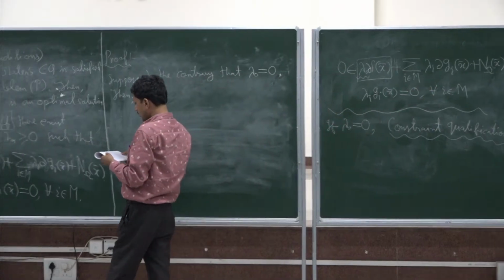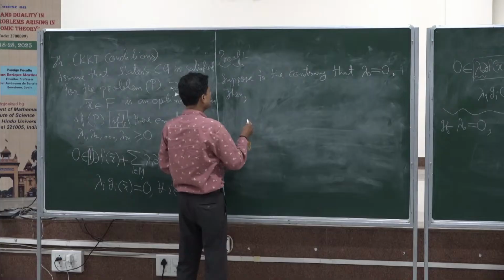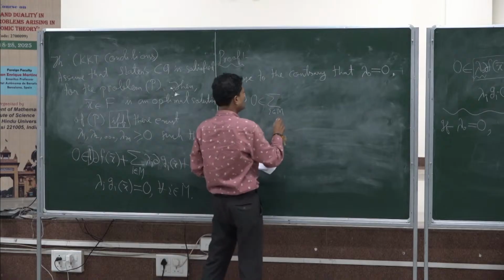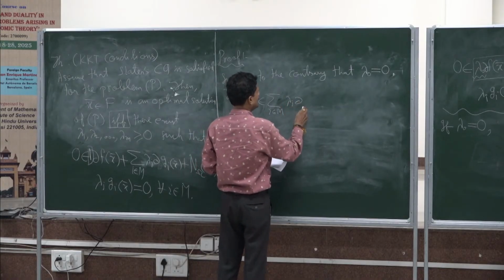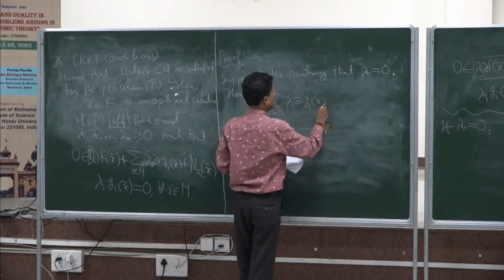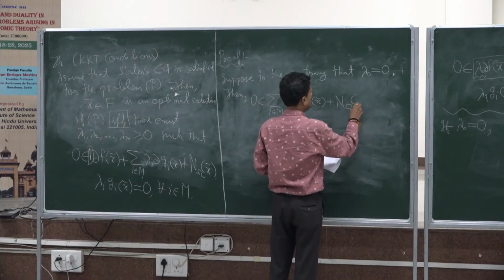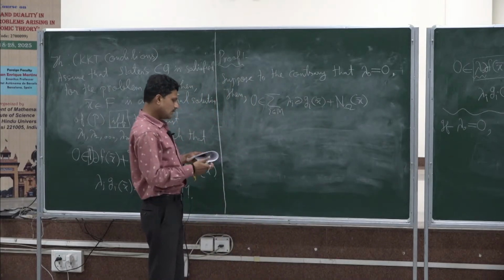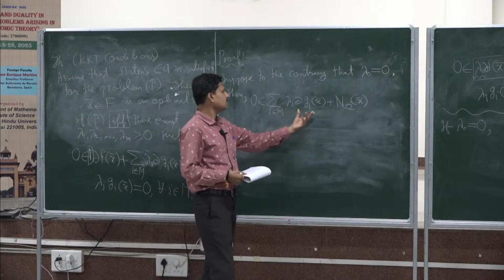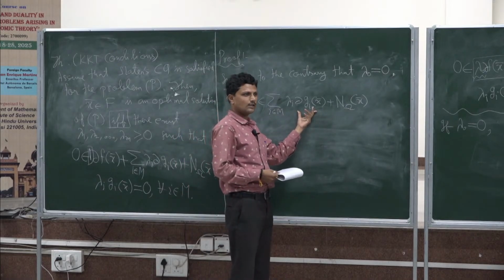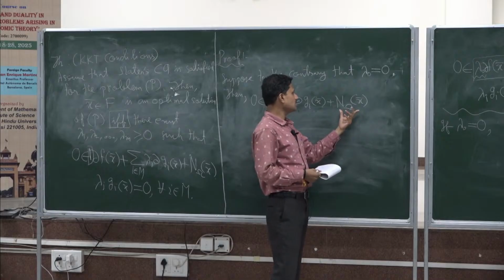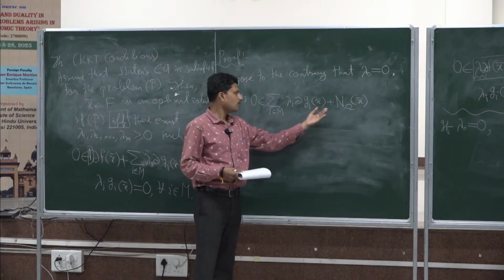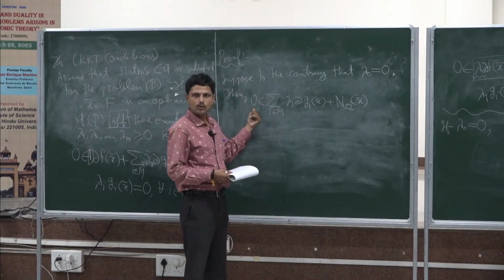So we can write that 0 belongs to the summation over i in m of lambda i times the subdifferential of gi at x bar, plus the normal cone to omega at x bar, right. It means that there will be some elements in the subdifferential of gi at x bar and some element in this normal cone, so that this combination will give you 0.